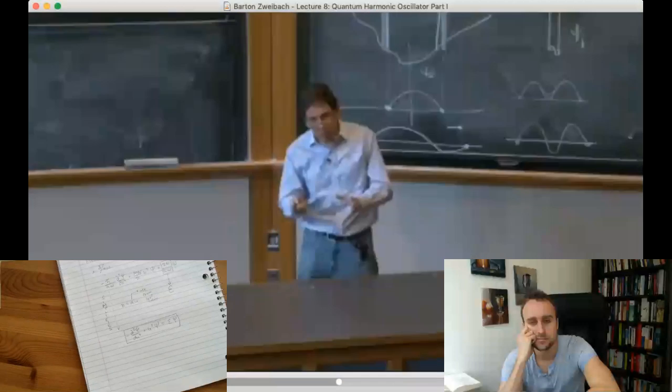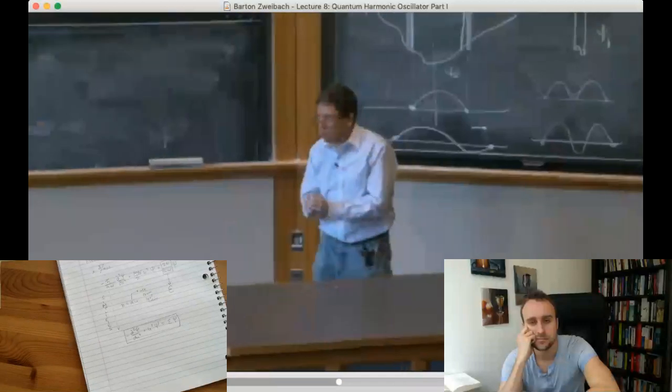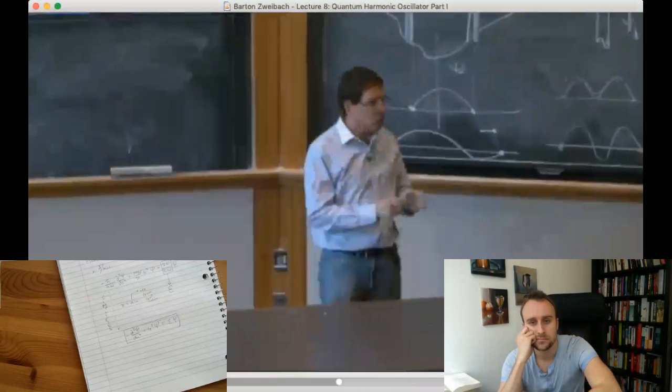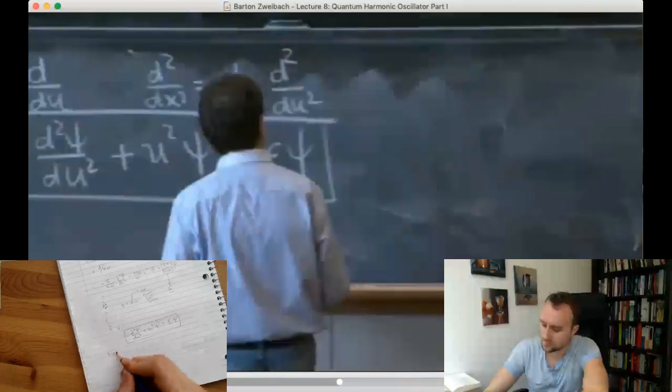Let's try to understand how the solution looks as we go to infinity. This is the first thing we should do with an equation like that.